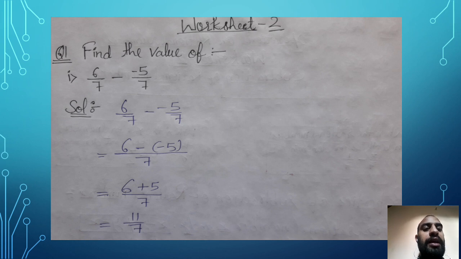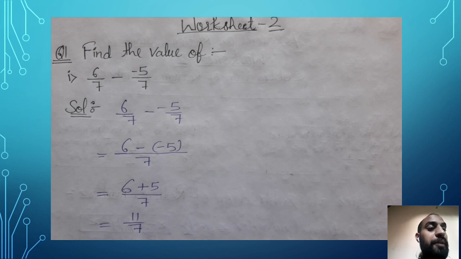So let's see how to start. I have written 6 upon 7 minus of 5 upon 7. Then 7 is the common denominator. Then in the numerator we need to add. So 6 minus into bracket minus 5. Here some students are committing a mistake. They may commit a mistake like 6 minus 5, and they write the answer 1, but it is wrong.